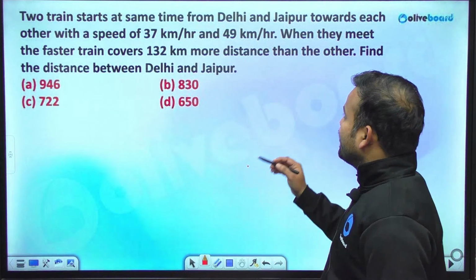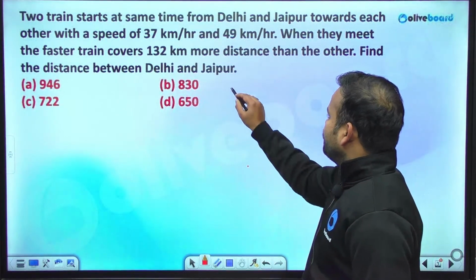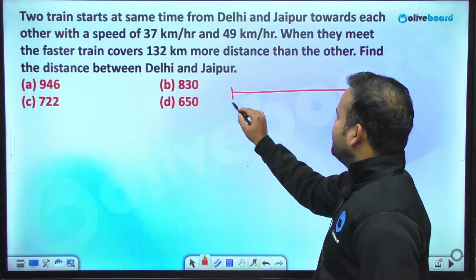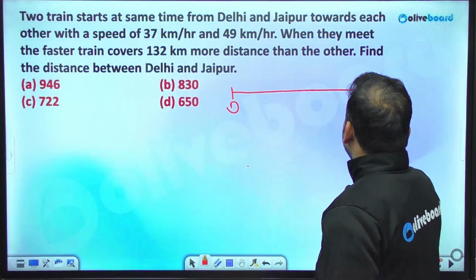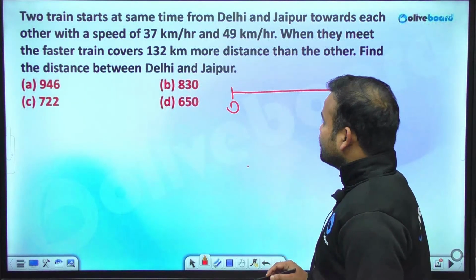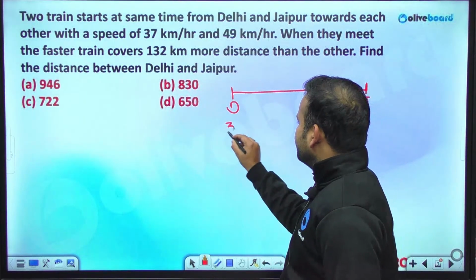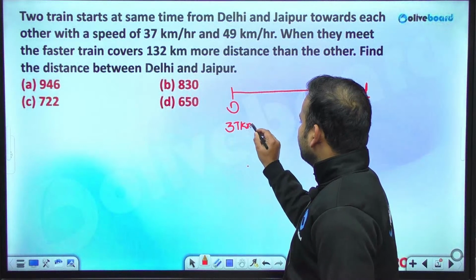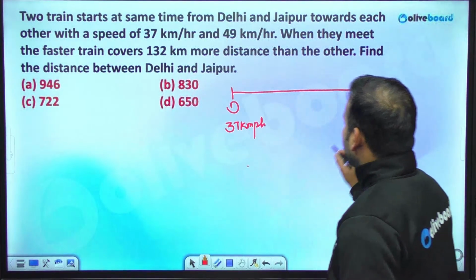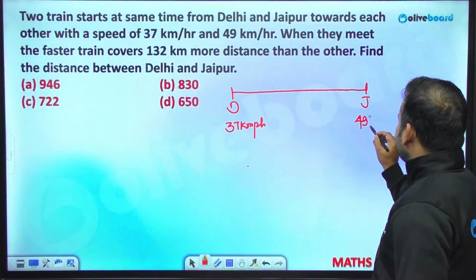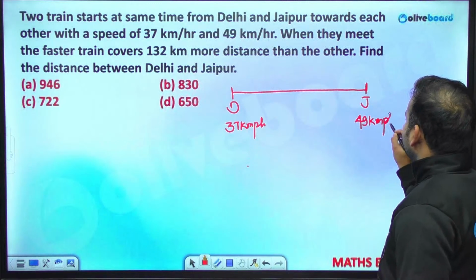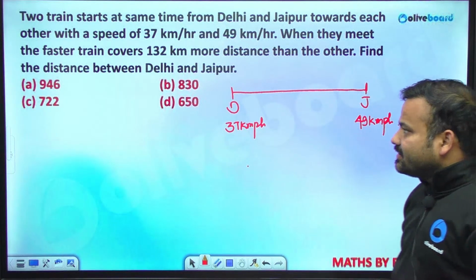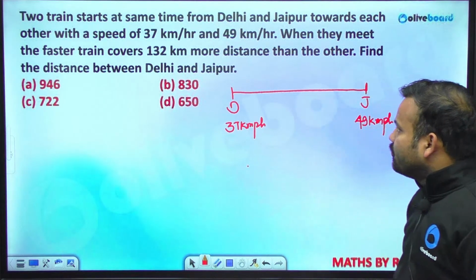They both are starting at the same time from Delhi and Jaipur. So there are two stations, namely Delhi and Jaipur, and there are two trains traveling towards each other. Their respective speeds are 37 km per hour and 49 km per hour. When they meet each other, the faster train covers 132 km more than the other.